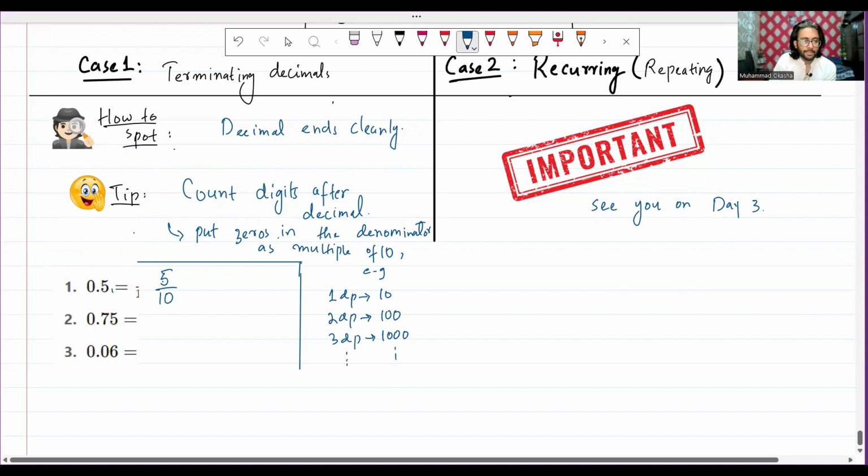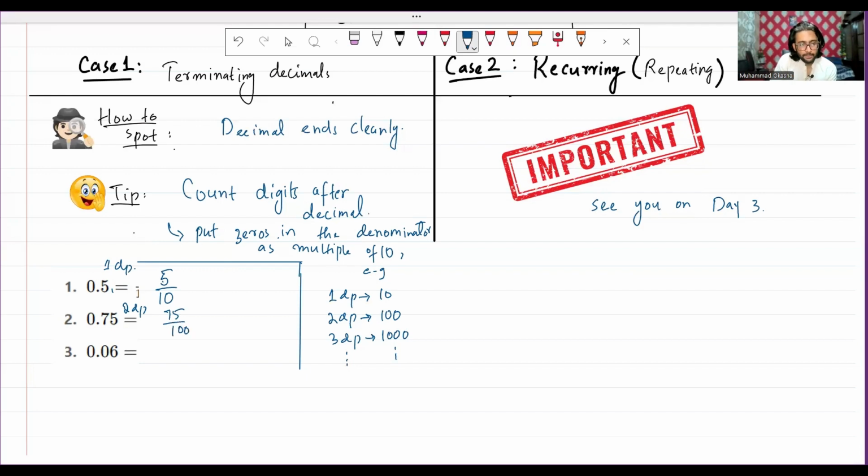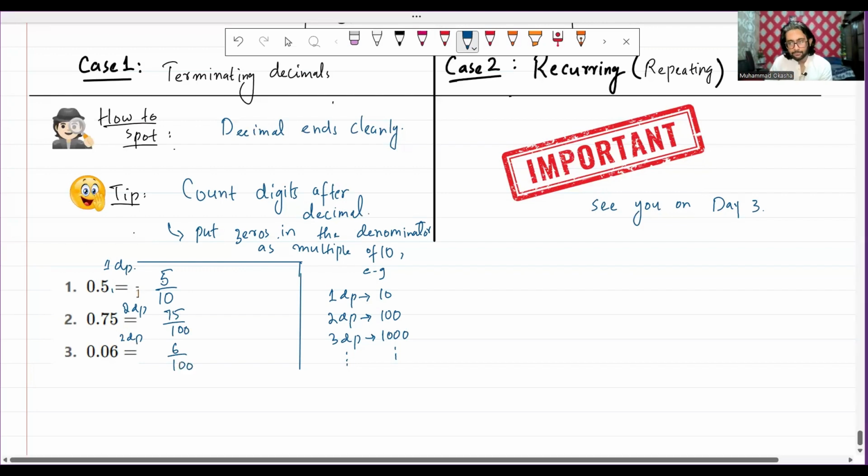So one decimal place, I would put a 10. If you have 2 decimal places, I'll put 75 divided by 100. This is again 2 decimal places, so I'll put 6 divided by 100.